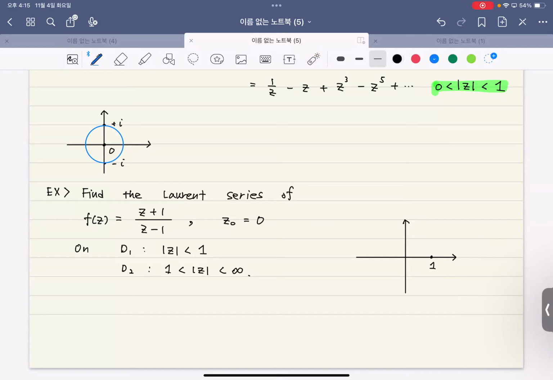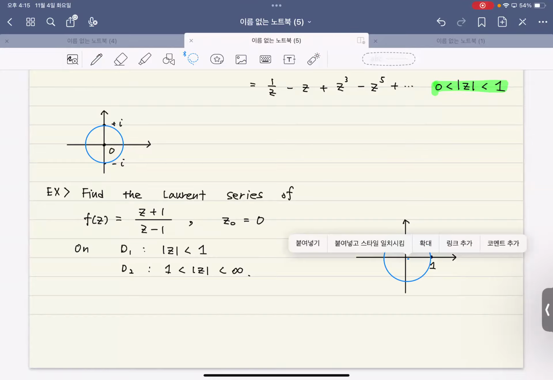So the first possibility is this, right? Centered at the origin, if you try to expand the outer radius, the outer radius cannot exceed 1. So this is the maximum possible outside radius. Oh, sorry, so this is D1.